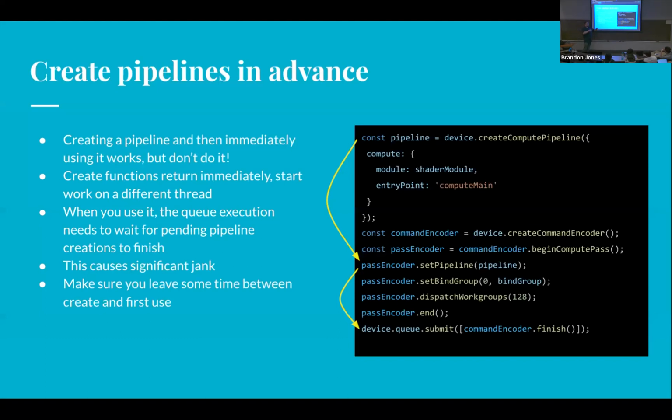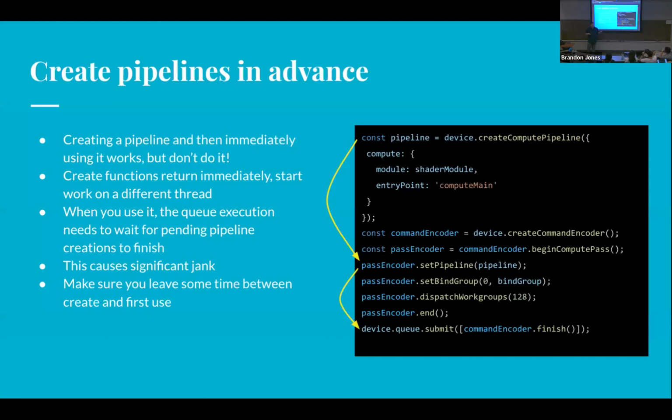It will give you the correct results on screen. It will just not do it fast. Because what happens when I kick off this work is that we will give you back a handle immediately, but then the actual work goes off to the GPU to finish completing. And pipeline creation is one of the most expensive things you can do. It can take tens of milliseconds depending on the device that you're on, hundreds of milliseconds depending on how complex your shader is.